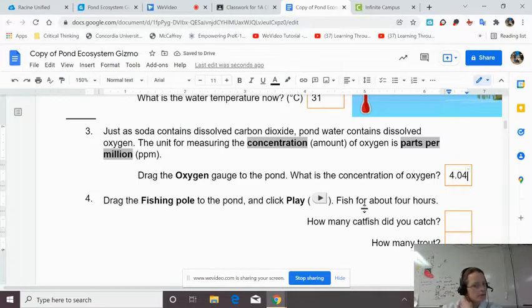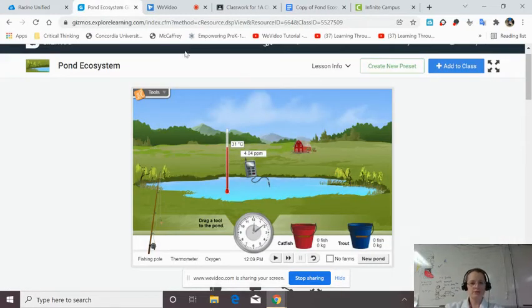Drag the fishing pole to the pond and click play. Fish for about 4 hours, so we'll fish from noon to 4. My fishermen watching, you're like, no, you don't go fishing in the middle of the day. Here we go. So push play. I know, this is fun, right?